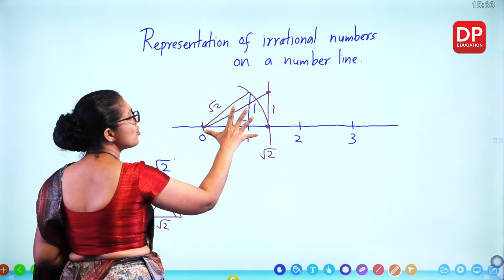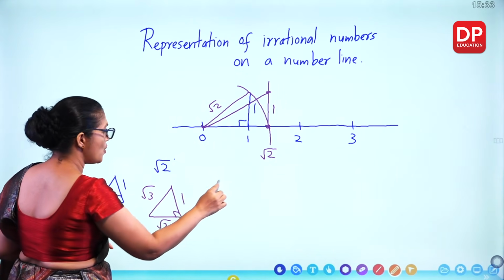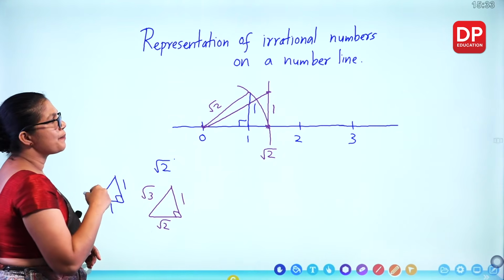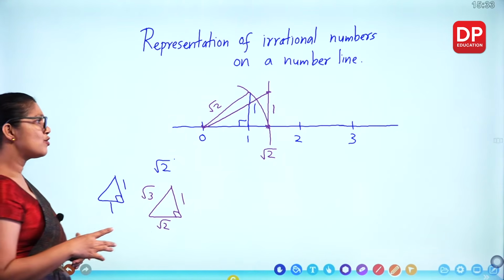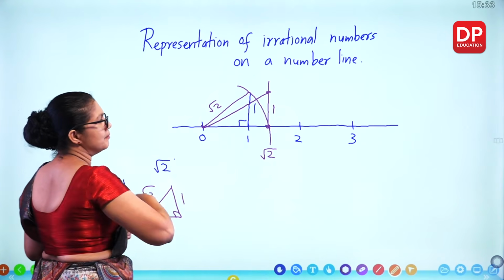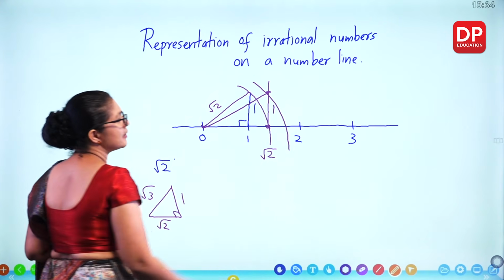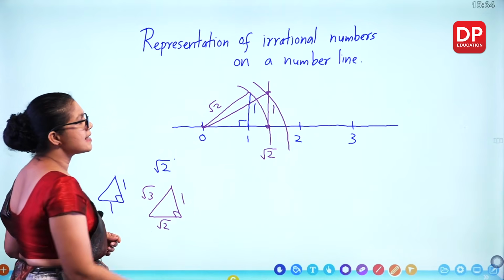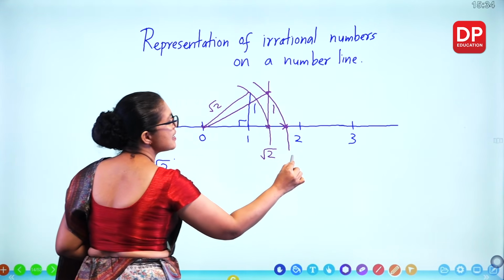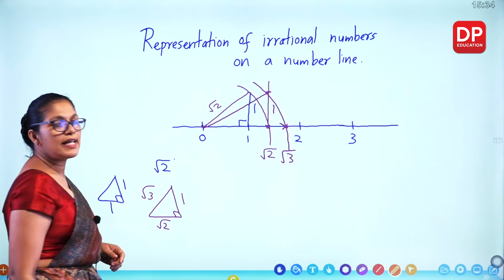Root 2 squared and 1 squared, according to Theodorus, that's root 3. So again I take the compass, keep this length and draw an arc. When I draw this arc, this length represents the root 3 value.